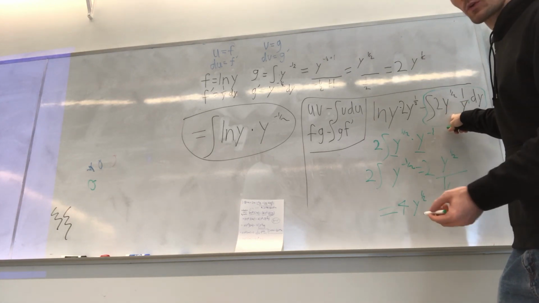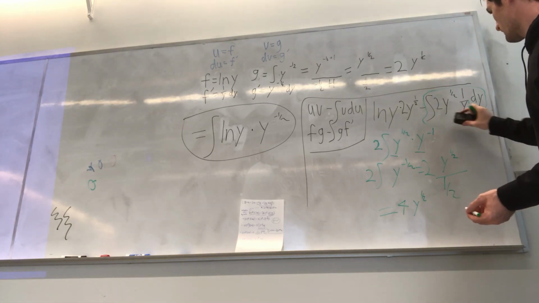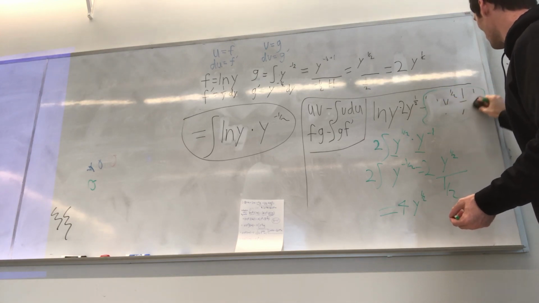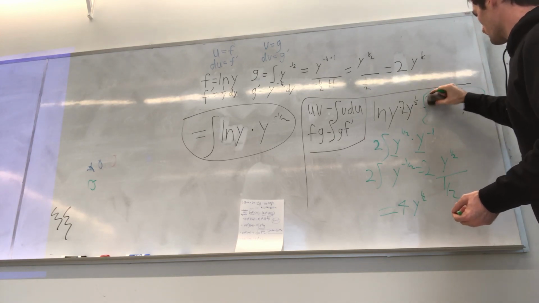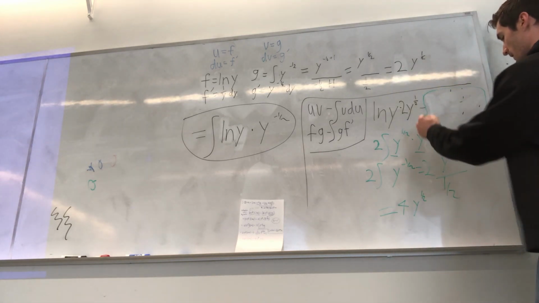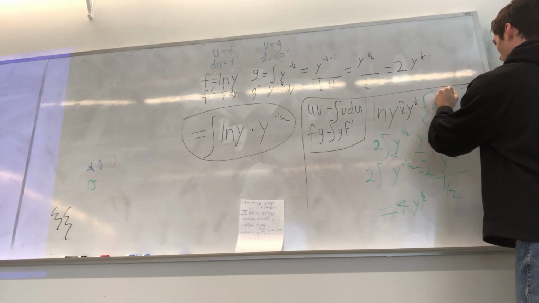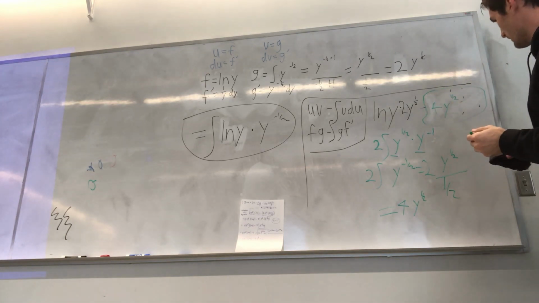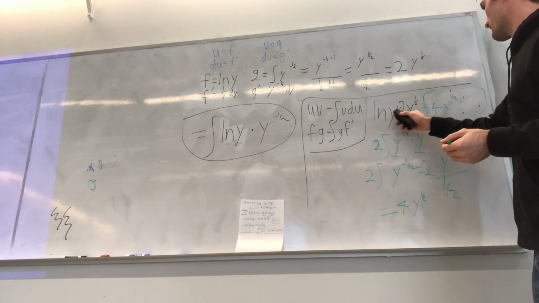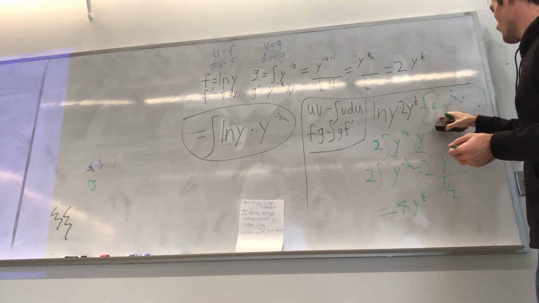So really, we could erase this part because we just figured out what it equals, and keep in mind I erased the integral sign because the antiderivative is 4y to the power of 1/2. Okay? So your answer is ln y times 2y to the power of 1/2 minus 4y to the power of 1/2.